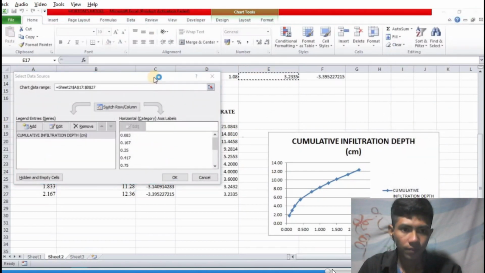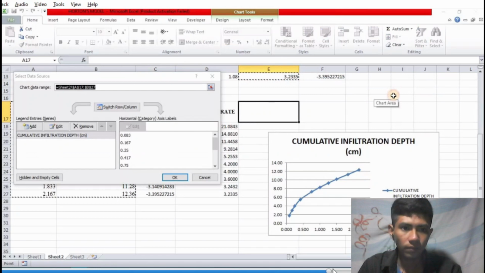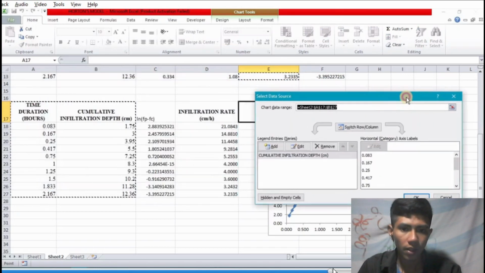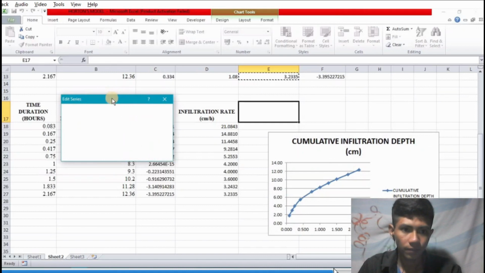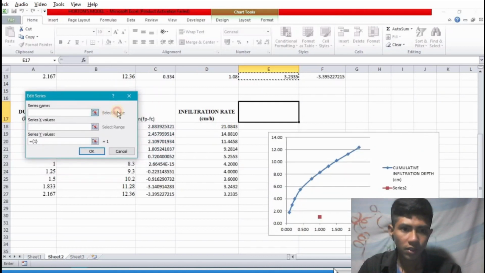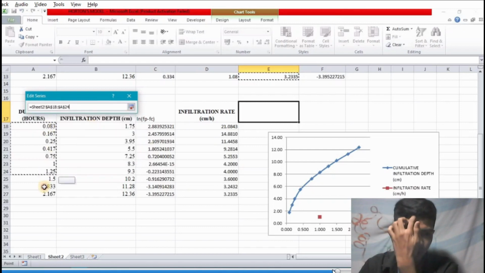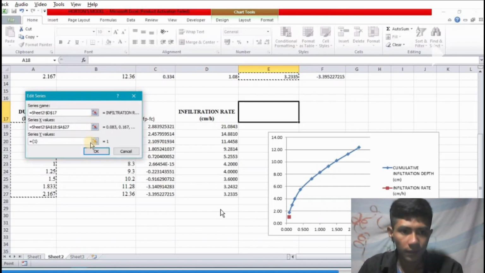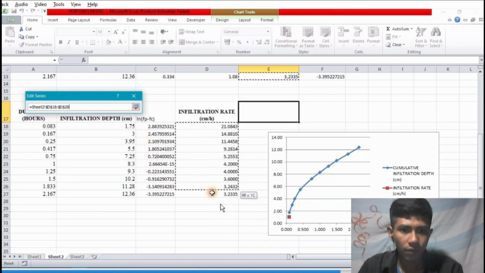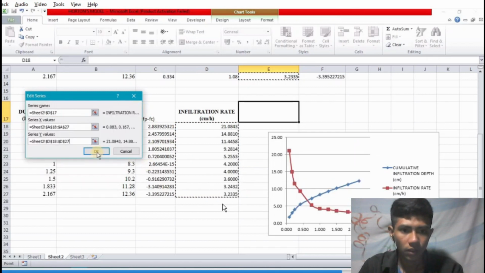Select data. Then we can add another series. Ano yung series name? Just infiltration rate. Then X values. Ano X values? The R's. This is the X values for the horizontal. Then the Y values. Then, okay.